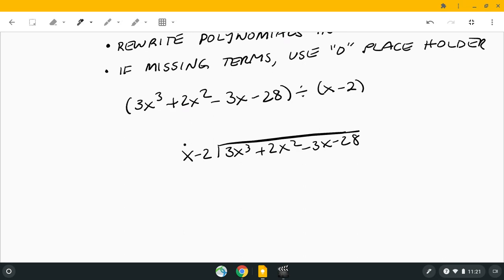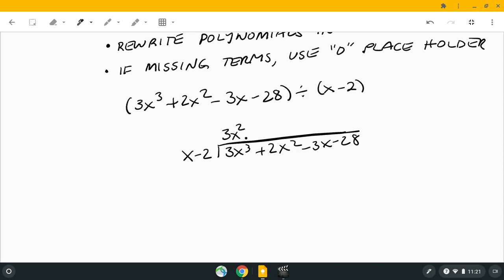We're using this x, and we're trying to figure out x times what is 3x cubed. That would be 3x squared, right? x times 3x squared gives me 3x cubed. Once we have a number up here, we multiply just like with the problem up above with the 5.